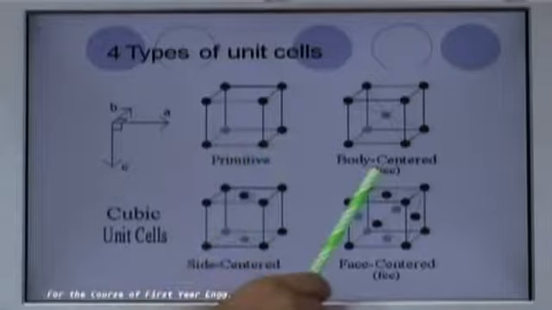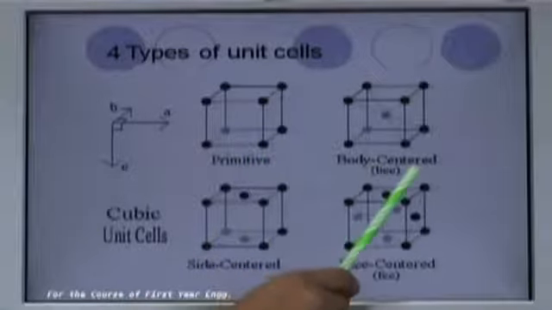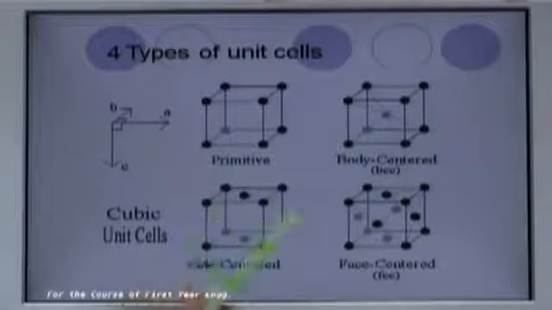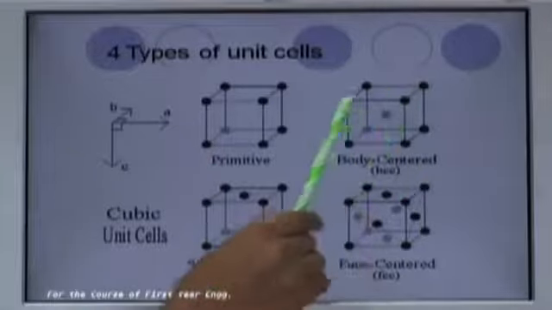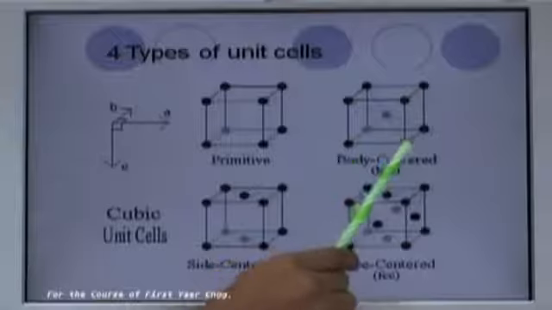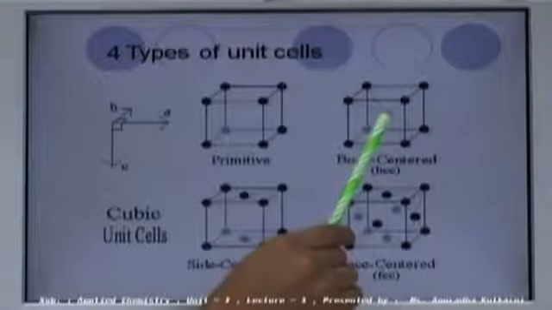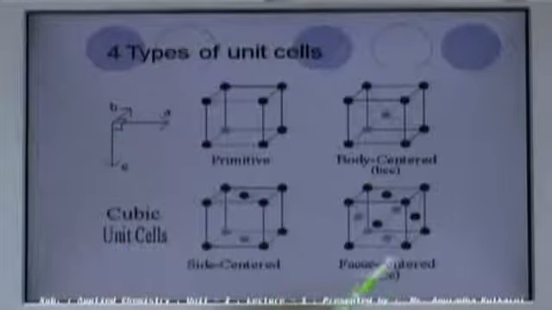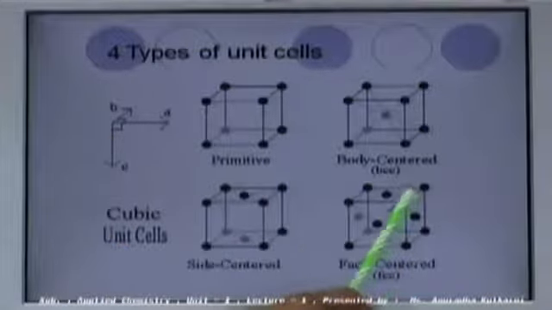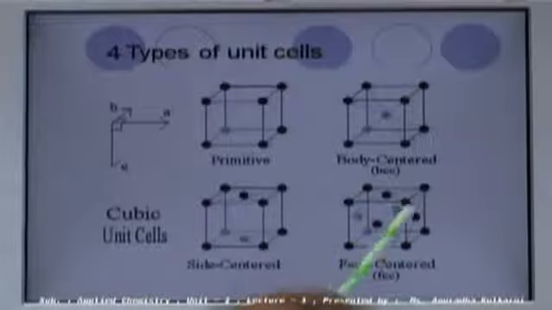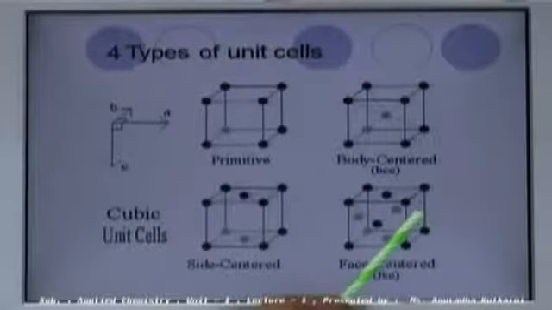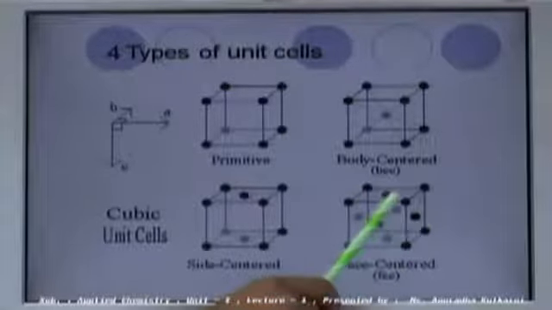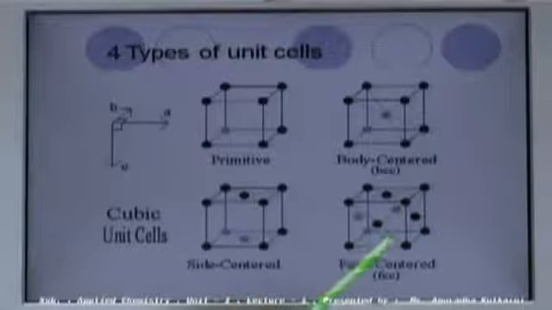Then next is body centered. The lattice points are situated at 8 corners of simple cube as well as at the center of this cube. Then further face centered, the lattice points are situated at 8 corners as well as at the center of each face, that is the face centered.